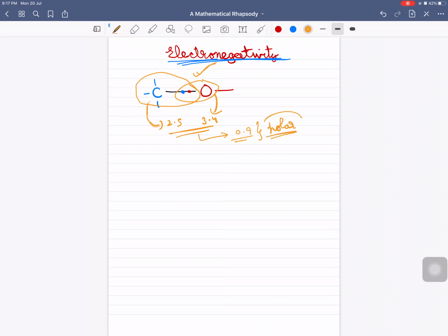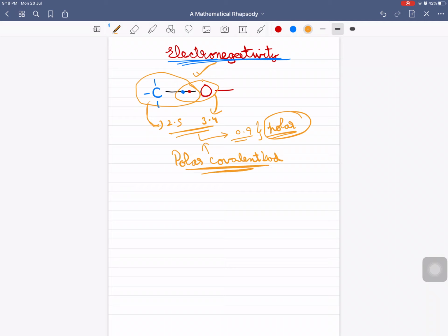Let me just write that down. So this is a polar covalent bond. There is no polar ionic bond, there is no non-polar ionic bond. There are only polar and non-polar covalent bonds. I will tell you the range as we move on. Okay.